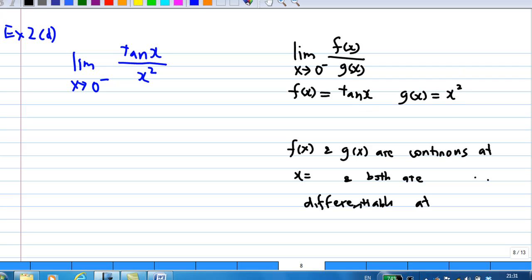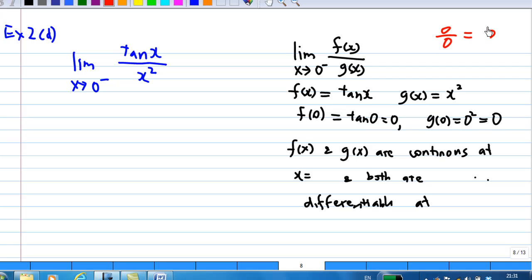Now when x approaches 0 on the left, we know that f(0), tangent 0, is 0, and g(0), 0 squared, is also 0. So we are getting an indeterminate form 0 over 0.